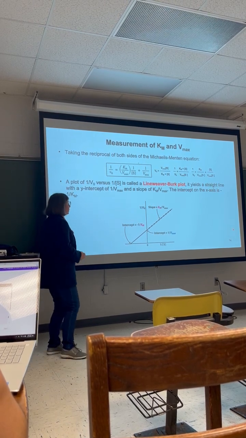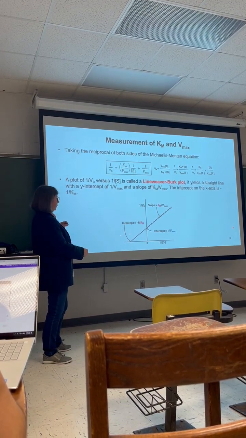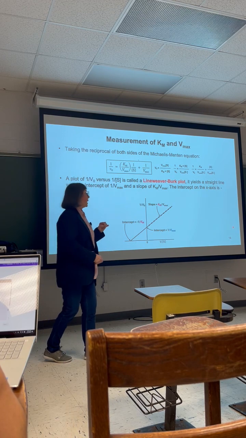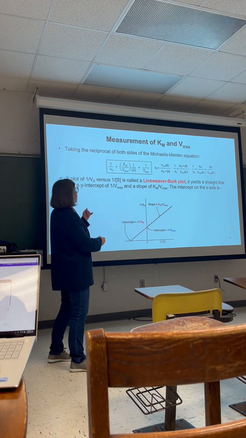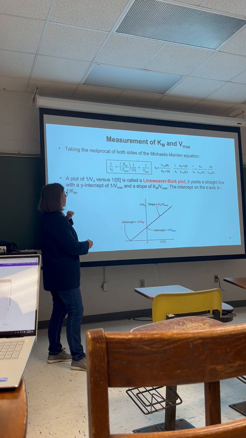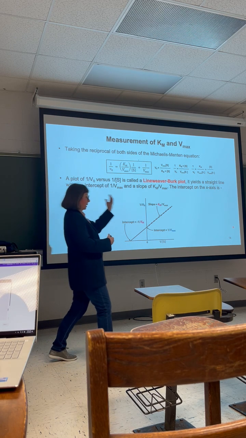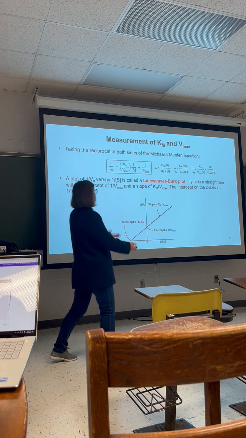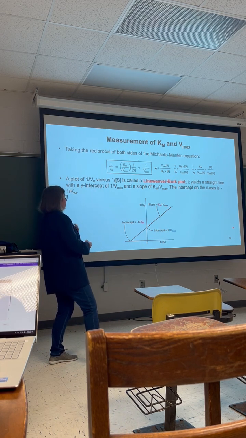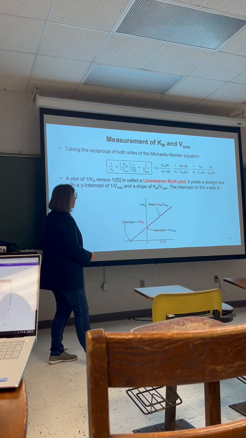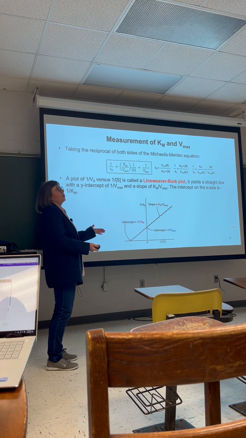Now, for those of you who worry about the negative values here: if you go to the lab, take a particular substrate concentration, and measure velocity, then double the substrate and measure the new velocity, and so on, those velocity and substrate concentration values will of course only be positive numbers.